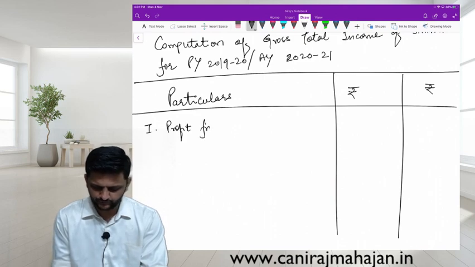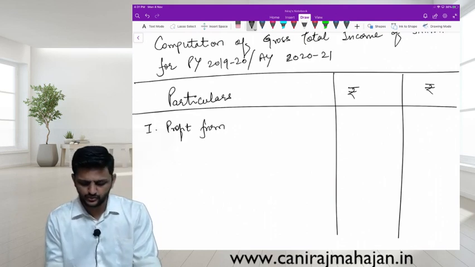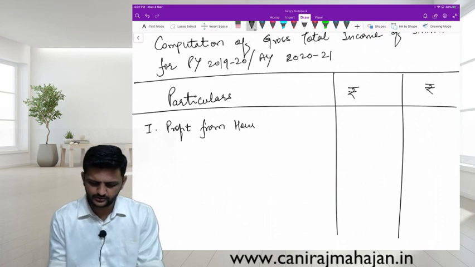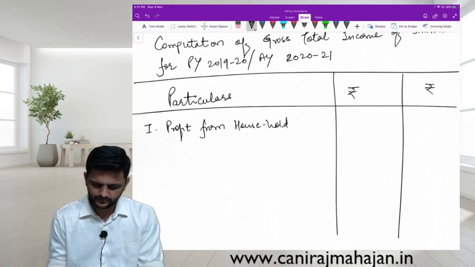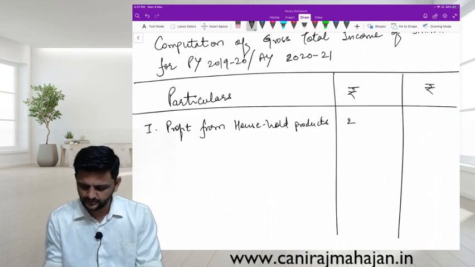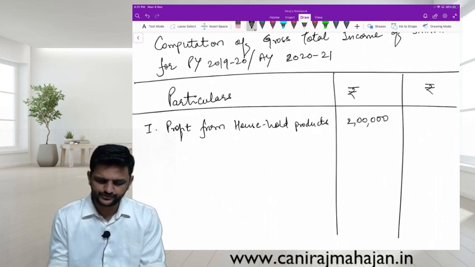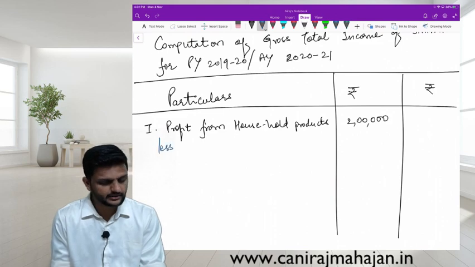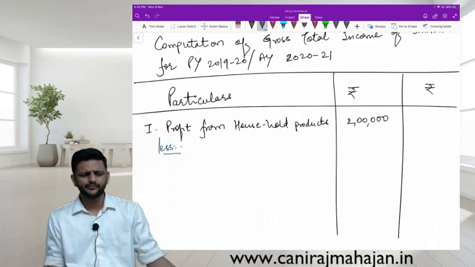So profit from household products. Inner column, how much? 2 lakhs, correct? Can we set off something? Yes. Then loss from ready-made garment business, correct?